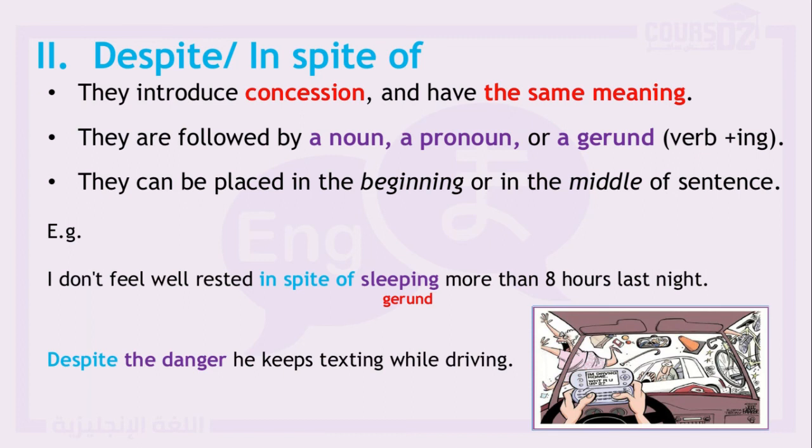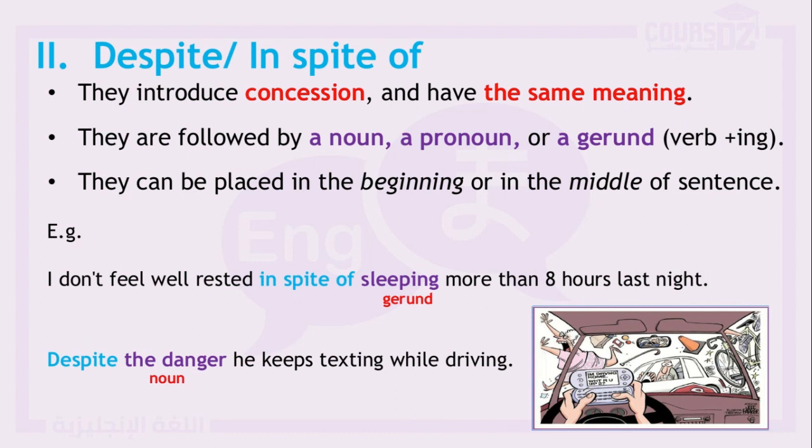شوفوا another example: despite the danger he keeps texting while driving. نفس المثال تاع although، لهنا استعملنا despite، حطيناها في بداية الجملة وحطينا بعدها a noun. Despite the danger he keeps texting while driving.